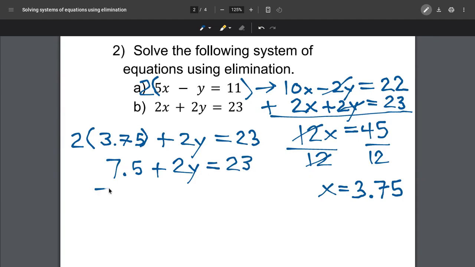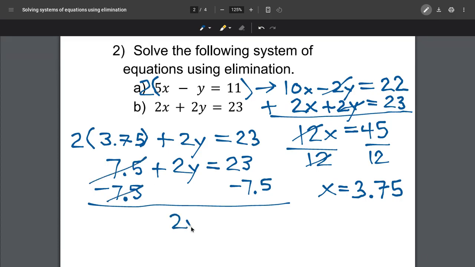We're going to subtract 7.5 from both sides. Okay, 7.5 minus 7.5 is 0, so these cancel. We're left with 2y equals 23 minus 7.5, which is going to be 15.5.